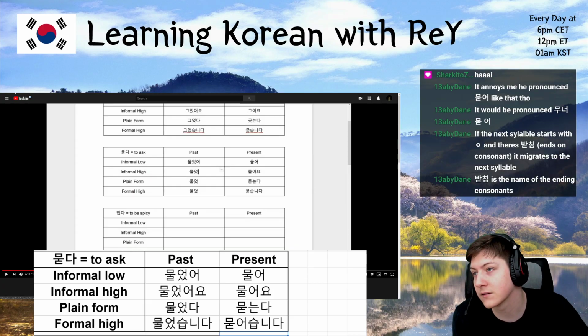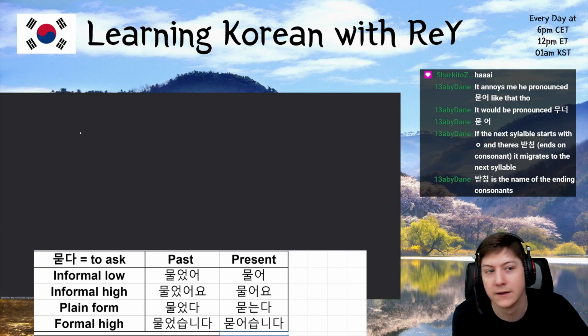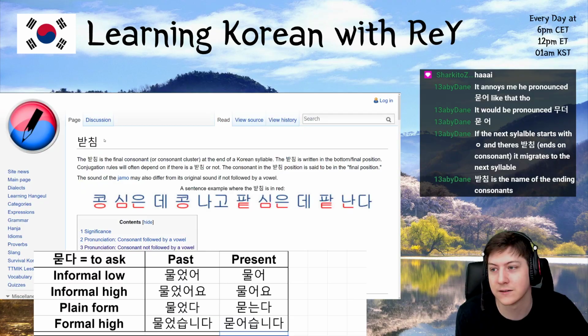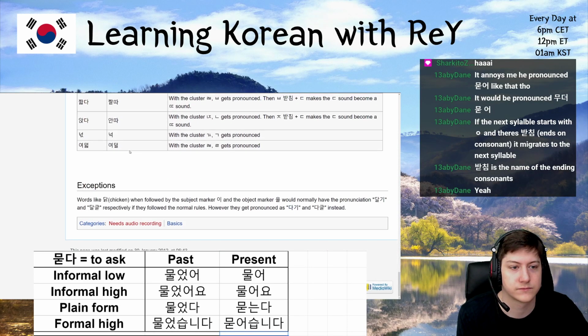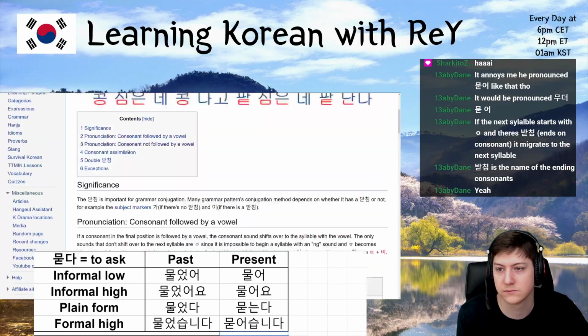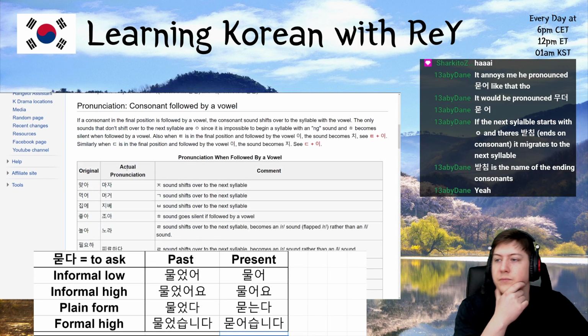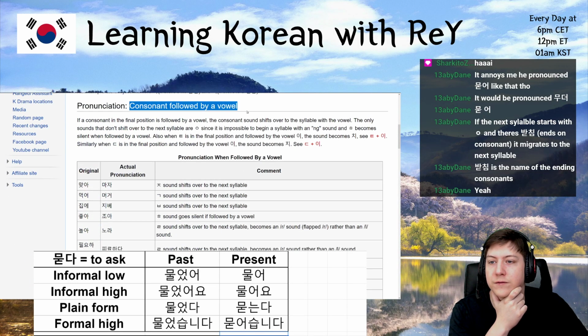Ah, wait a second. You mean this right here? 받침. Yeah. Consonant followed by a vowel.